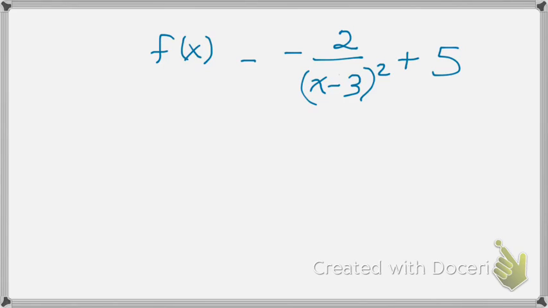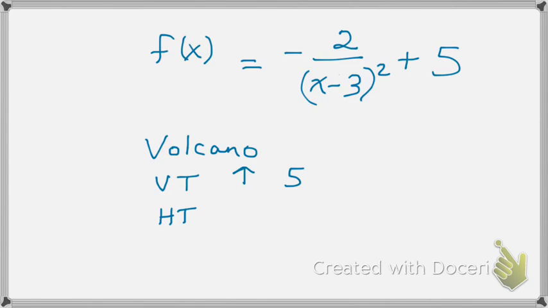It is a volcano. And do I have a vertical translation? I do. So you would say, yes, I've got one. It's going up 5. It'll have you select up or down, and then you'll type in the number 5. How about a horizontal translation? Yes, and it moves to the right 3.